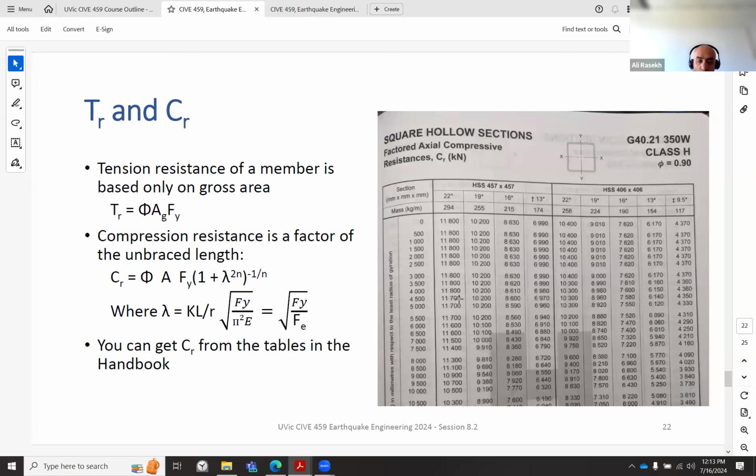However, normally we just jump into the manual of steel construction and it tells us the compression capacity. You see this page that is open here, which I've taken probably a photo of, is the factored axial compression resistance CR for different types of members, different types of HSS, with mass and different thicknesses probably of the member.